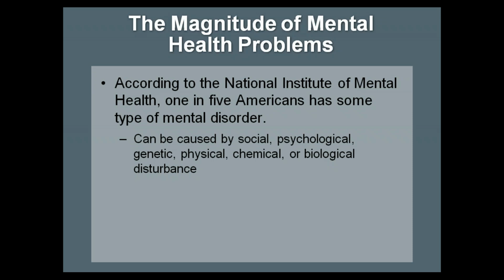I don't think we have the funding to move these. I think we kind of shelve them to Spokane or try to do the best with what we have. According to the National Institute of Mental Health, 1 in 5 Americans has some type of mental disorder.